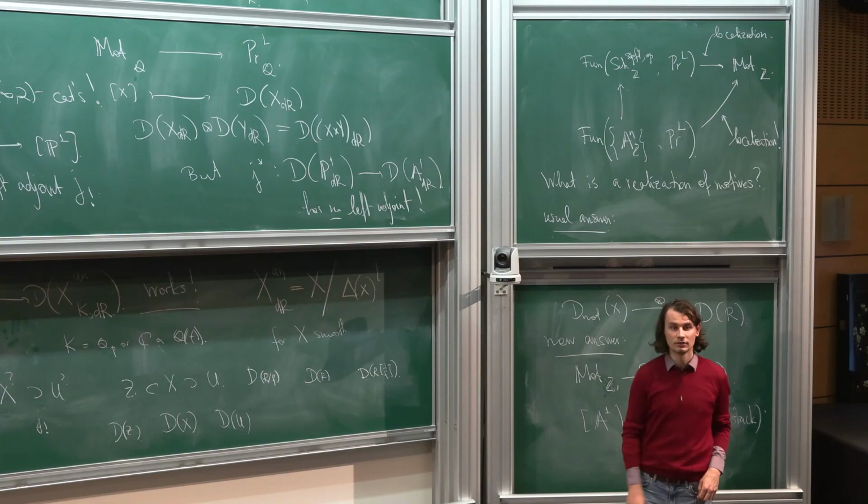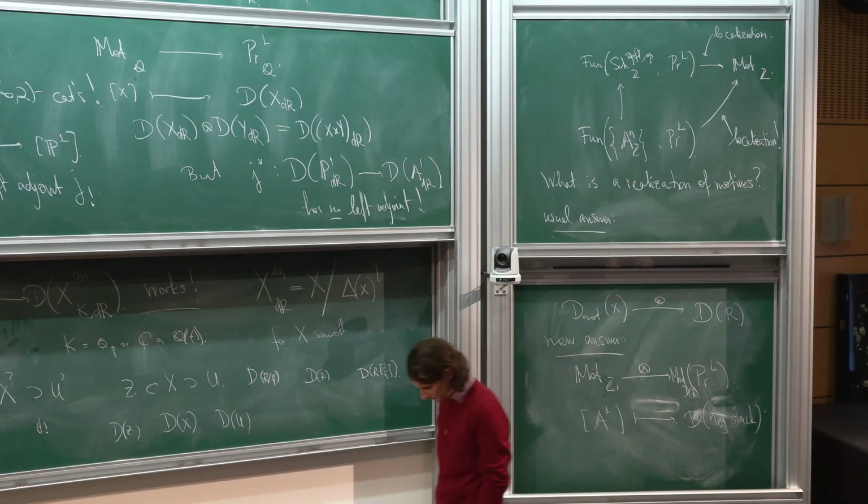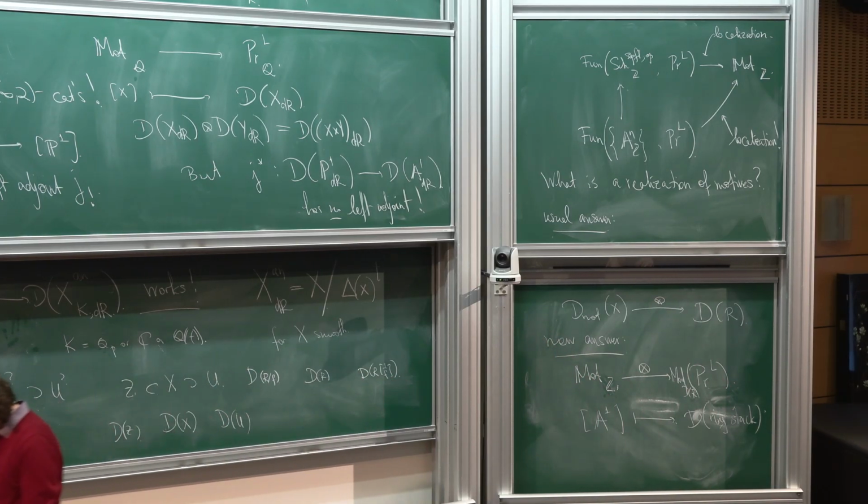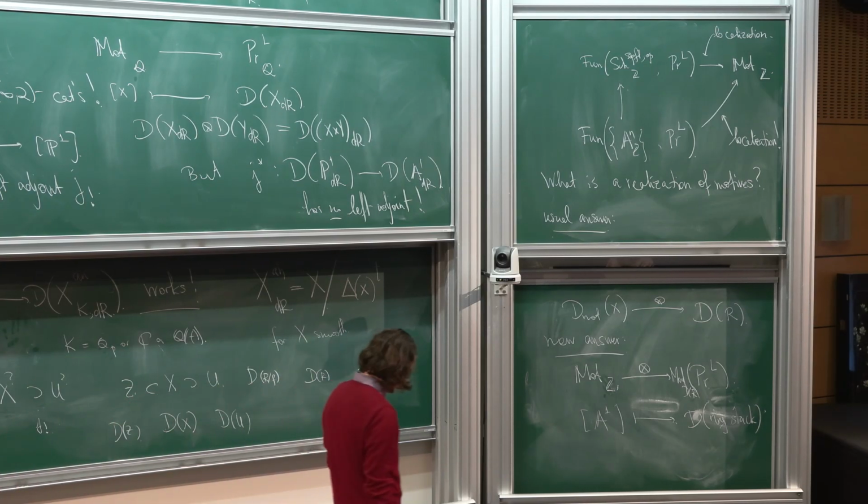So you mentioned that this thing doesn't work naively in the algebraic setting. But what about some sort of, because in the classical situation one considers some sort of pro-coherent sheaves, whatever.